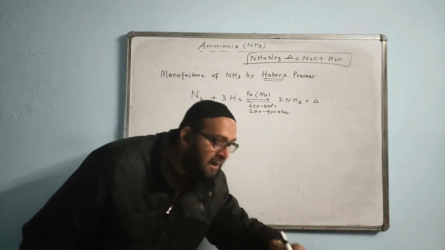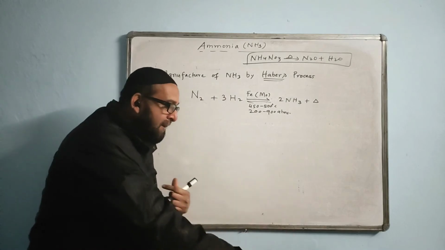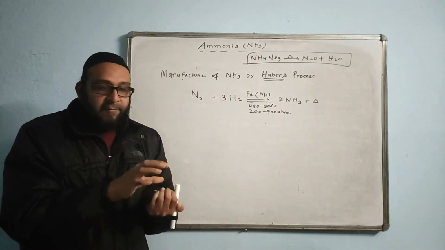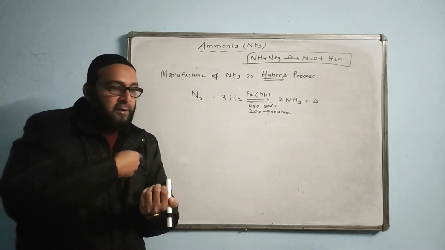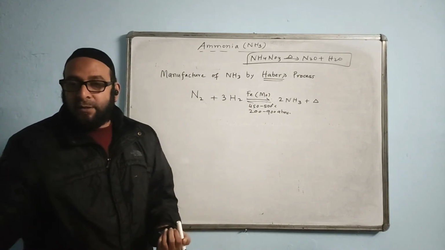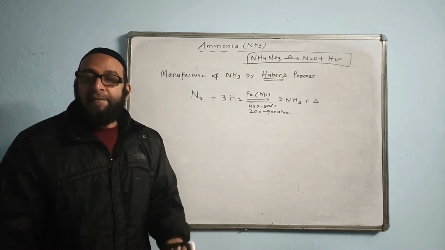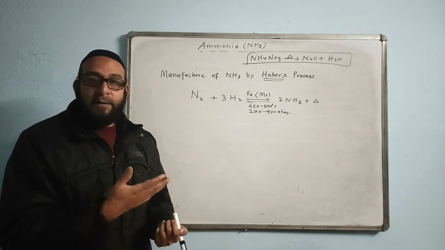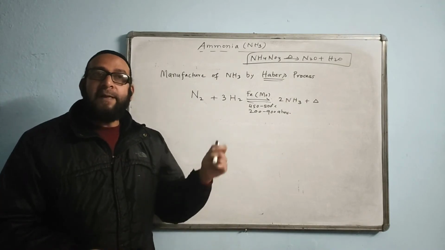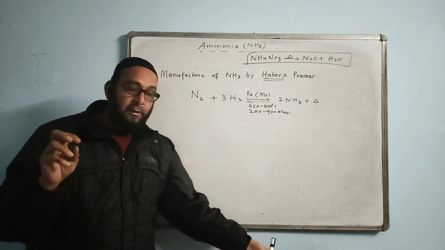Suppose we have iron not in the form of powder, but solid iron. If I keep some here, it will cover only a small area, no? But with dust or powder, sprinkled, it will go all around. So the surface covered by the catalyst is large. Everywhere the speed of the reactions will be high and we will get a greater quantity of ammonia formed. That's why it is always taken in the form of fine dust or fine powder.